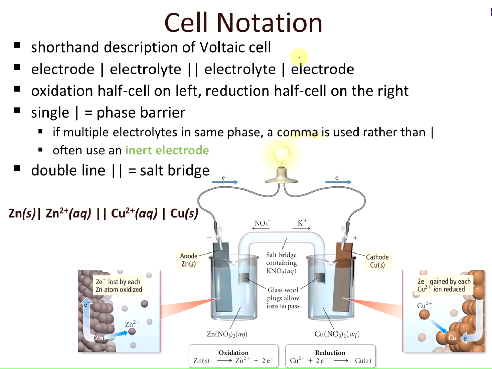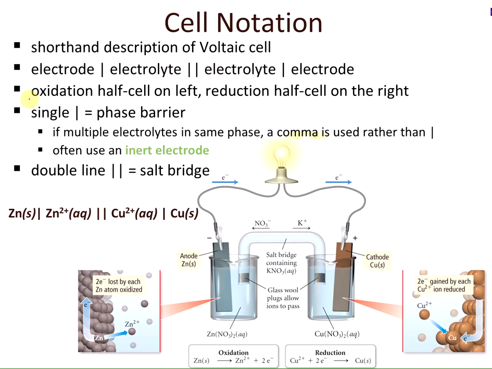And here we have the aqueous and the solid. So the single line represents a phase barrier, and a double line represents the salt bridge. So we're showing the salt bridge here and the total separation of the oxidation half reaction and the reduction half reaction. And it's always oxidation and then reduction.